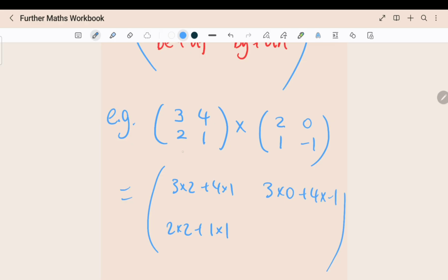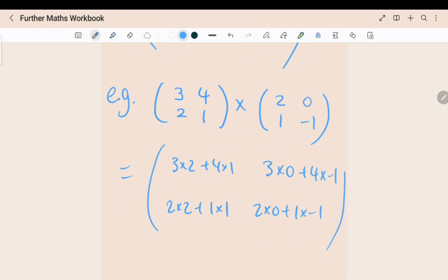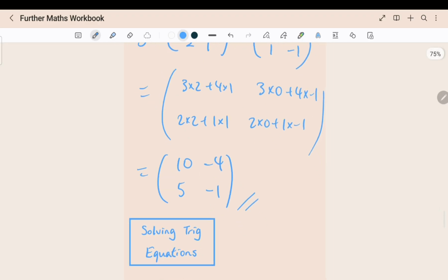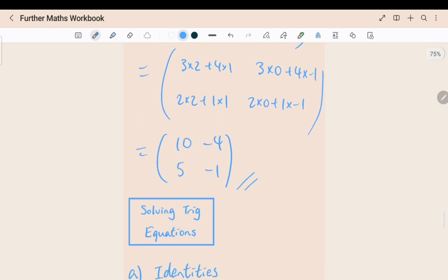And then finally, we have 2 times 0 plus 1 times minus 1. So here I will get 6 plus 4, which is 10, 0 minus 4, which is minus 4, and then I get 4 plus 1, which is 5, and then I get 0 minus 1, which is minus 1, and that is my matrix multiplication.